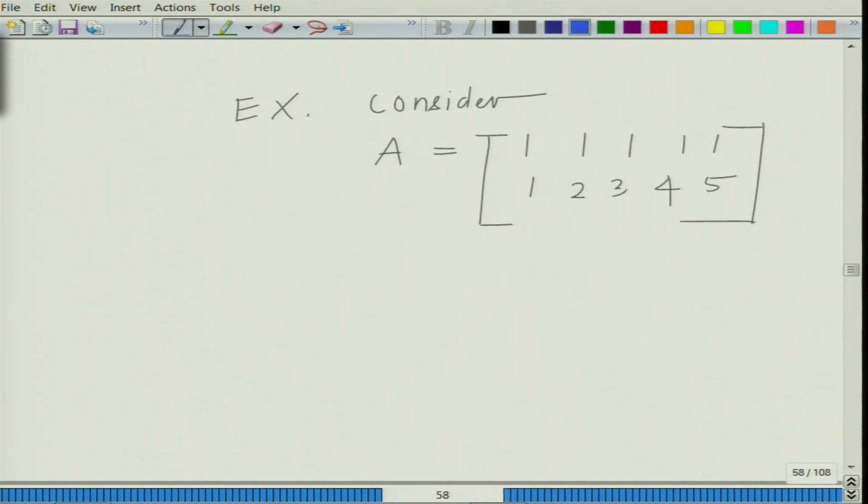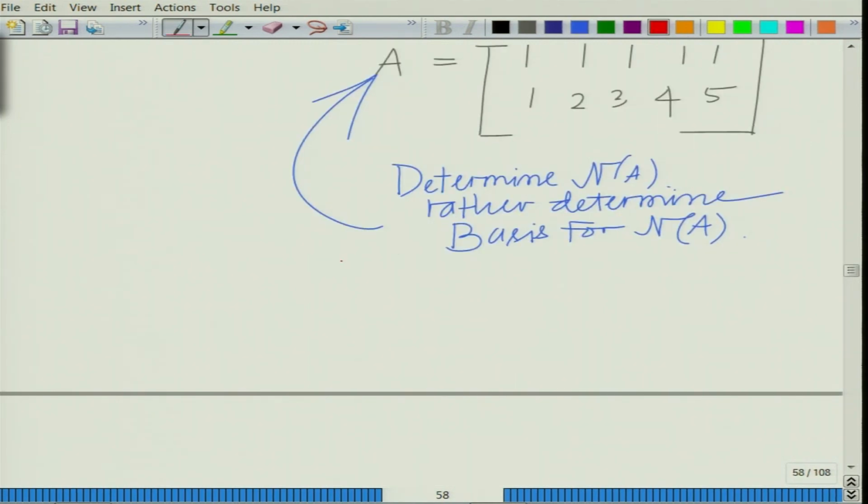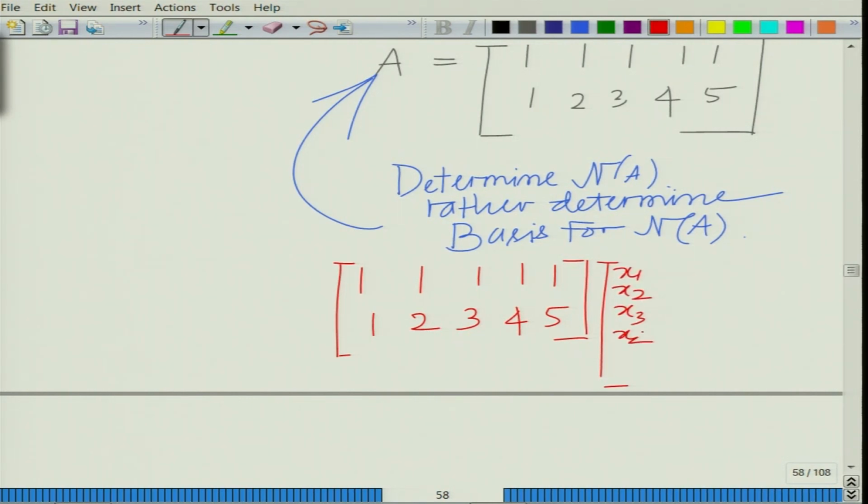Now, we want to determine N of A, or rather determine a basis for N of A. Any vector that belongs to the null space must satisfy A times x1, x2, x3, x4, x5 equal to 0.